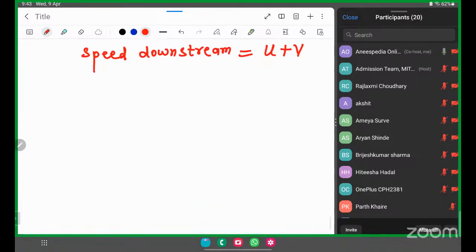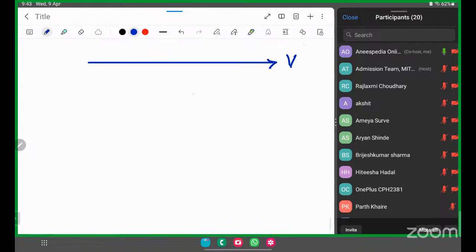Second case, this is flow of water, and the boat we have is going in opposite direction to it with u. Now the boat will go against the flow of the water if and only if the speed of boat is greater than flow of water.